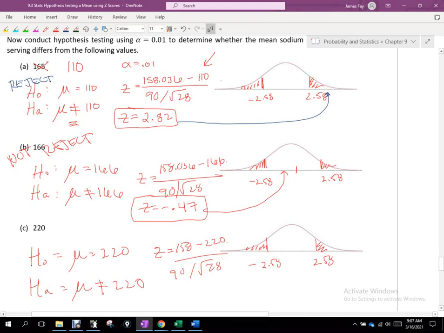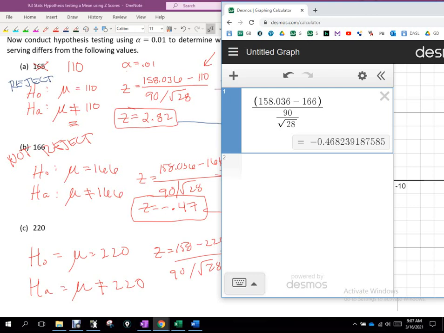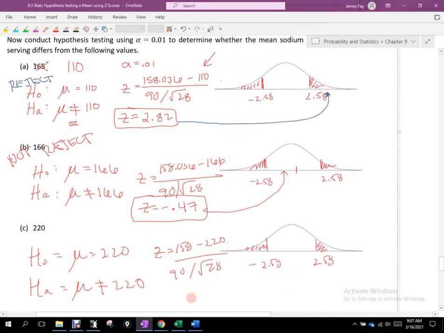Again, the only thing that's changing here is the mu in our z-score, so make this 220. It gives me negative 3.6, right? So z equals negative 3.6, which is going to fall right there.